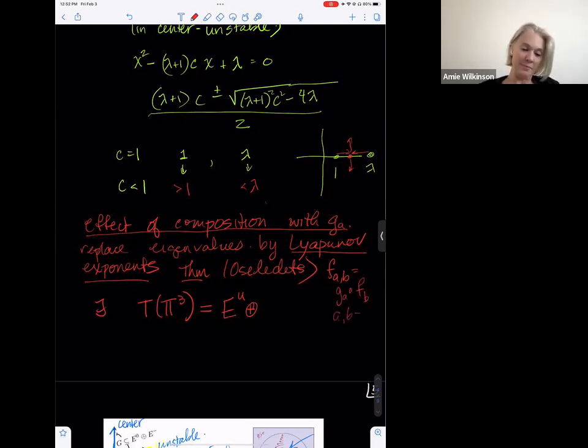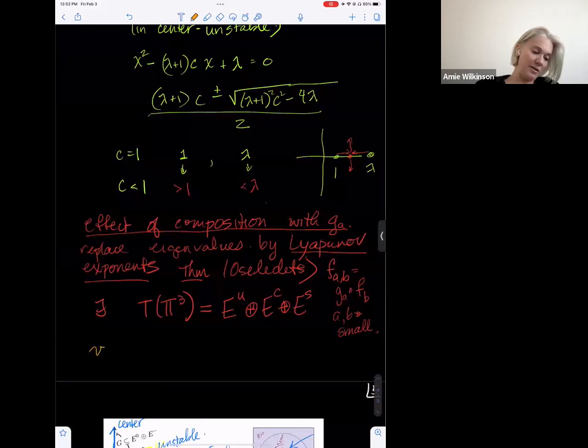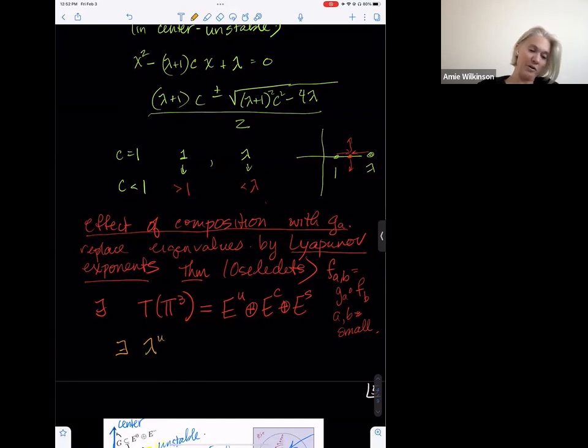A and B are small, let's say positive, but they don't have to be. So I get a splitting into 3 bundles, and there exist 3 real numbers, lambda U, lambda C, and lambda S. Lambda U is bigger than 0, lambda S is less than 0.